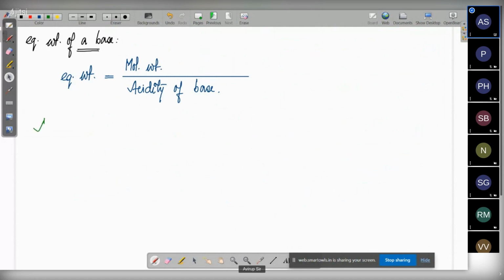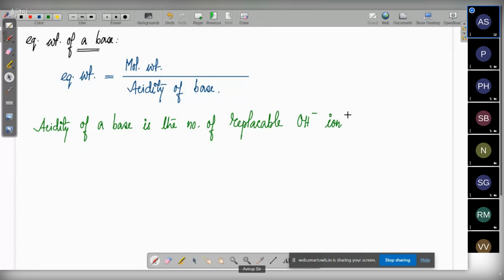Acidity of a base is the number of replaceable OH minus ion per molecule of base.